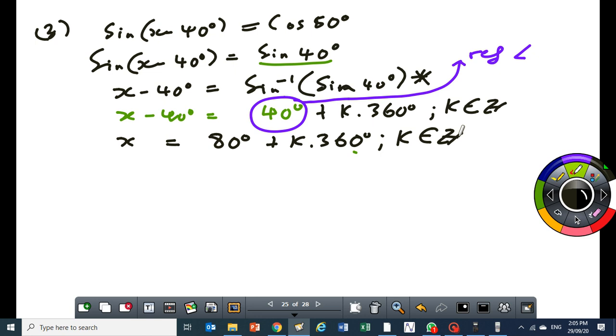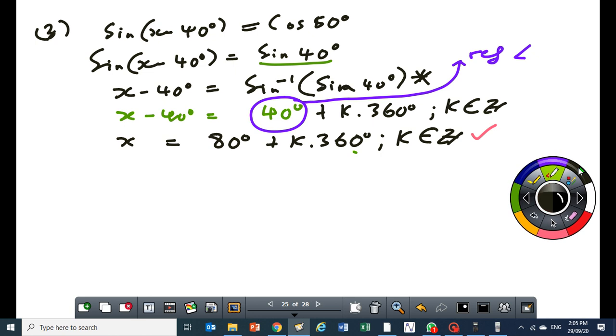So we have our first general solution here. Then we need to determine the second one. Now remember, to get the second one, we have to subtract the reference angle from 180 degrees, because this reference angle is in the first quadrant, and sine is positive in the first quadrant and the second quadrant. So the second general solution: we start from here and subtract this angle from 180.